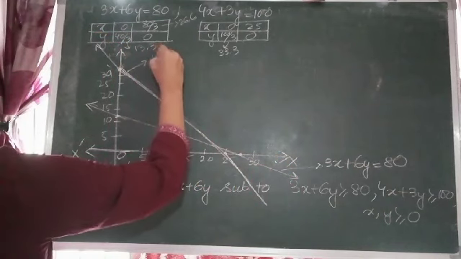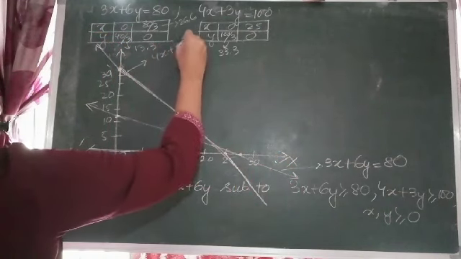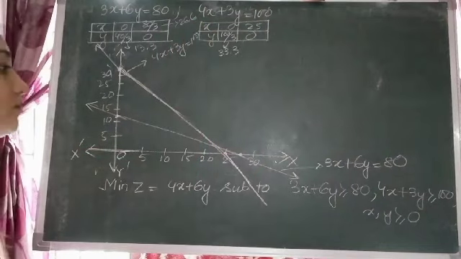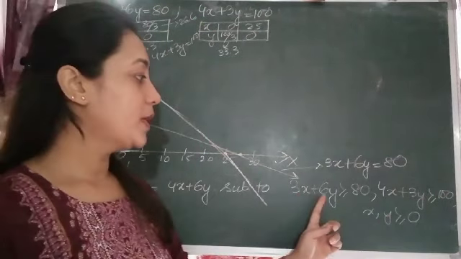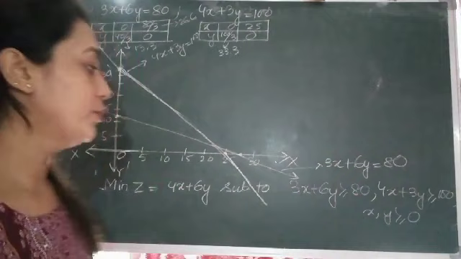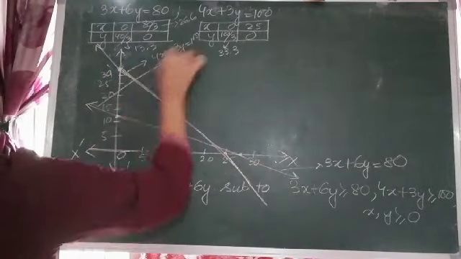This is the graph of 4x plus 3y equals 100. So 0 plus 0 greater than or equal to 80. Is it true? No. So you will shade that part that is away from the origin.